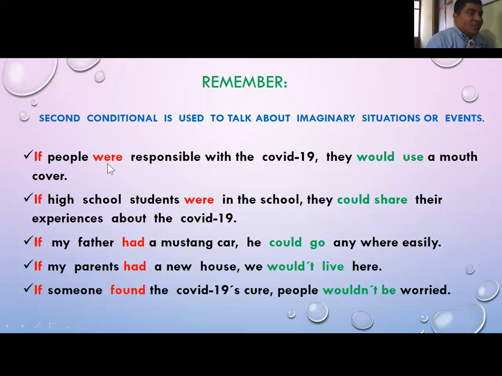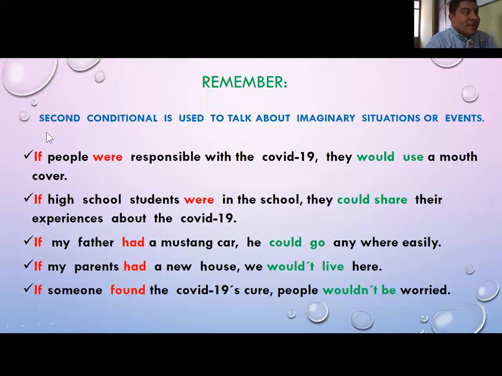Okay, actually, this is not true. This is an imaginary situation because people are not responsible about their actions. Okay, next, if high school students were in the school, they could share their experience about the COVID-19.